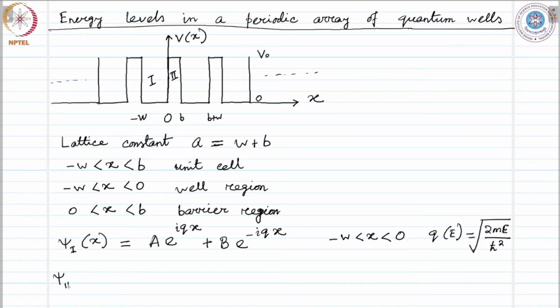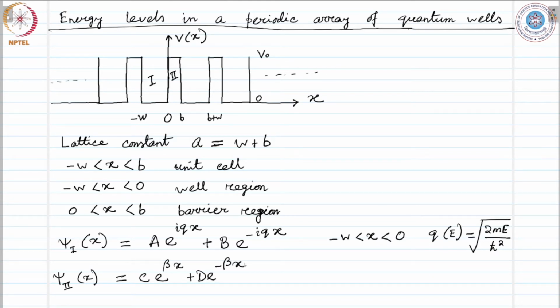In region 2, that is the barrier region where the energy of the electron is less than the barrier, we won't have e power i kind of a thing, which is the signature of an oscillatory solution. We will have rather an exponentially decaying solution, C e power beta x plus D e power minus beta x.